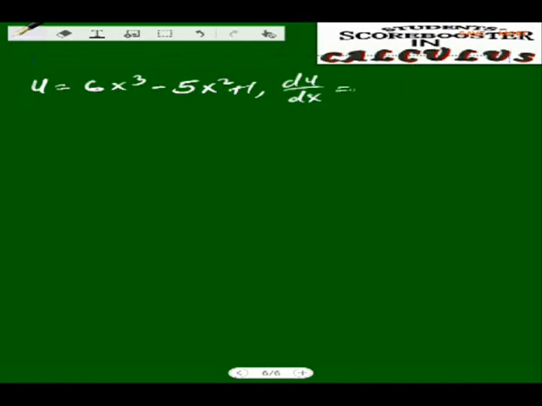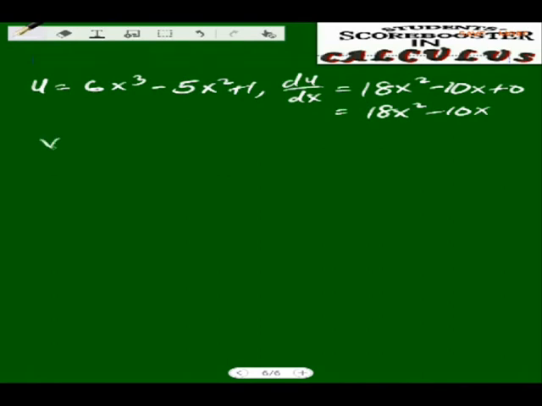So my u is equals to 6x cubed minus 5x squared plus 1. So that's du dx is equals to 18x squared minus 10x plus 0, and we can just simplify and put it in this form, 10x.